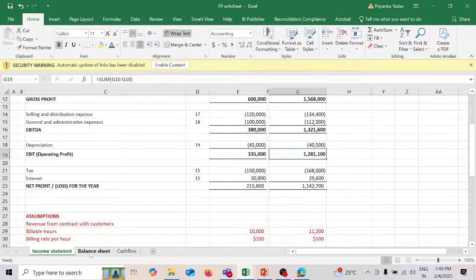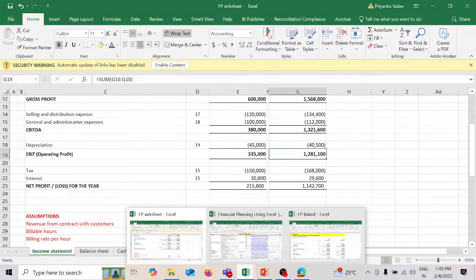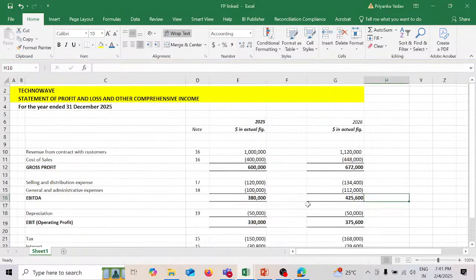In case you find this clumsy because you have different sheets in another format, the idea behind creating the financial statements is the same, taking the assumptions and all, but you may have a number of schedules and notes available. Here, this is the income statement; the same income statement in another format you'll find in only one sheet. You do not have multiple working sheets.